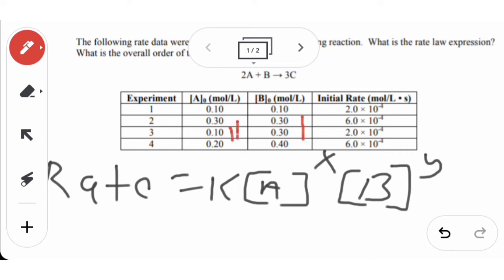So for us to calculate the value of X, we're going to use experiment number 2 and experiment number 3 because the concentrations of B remained constant while the concentrations of A changed. All right, so let's do that.